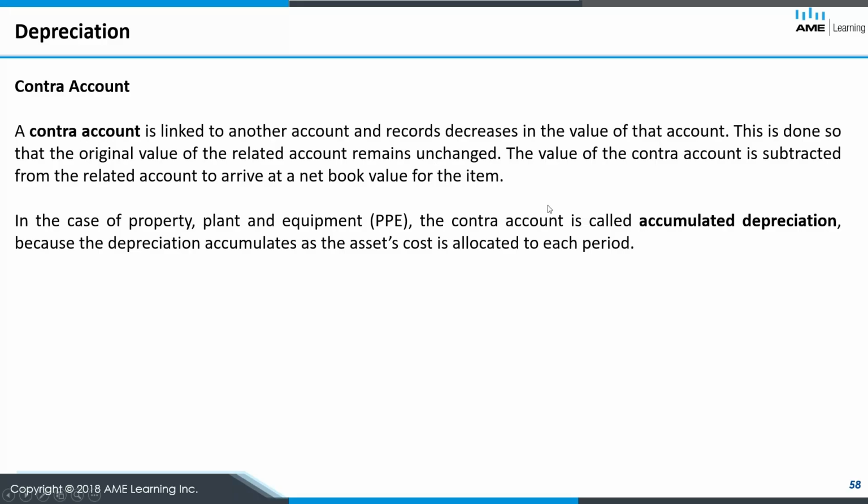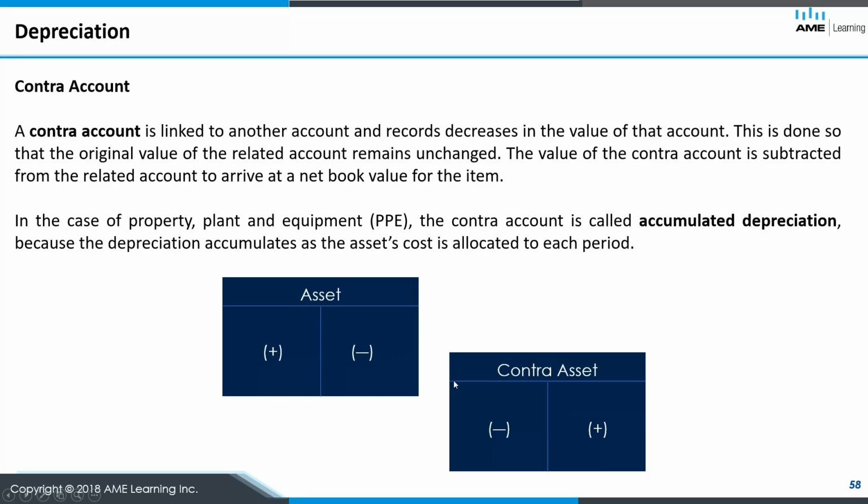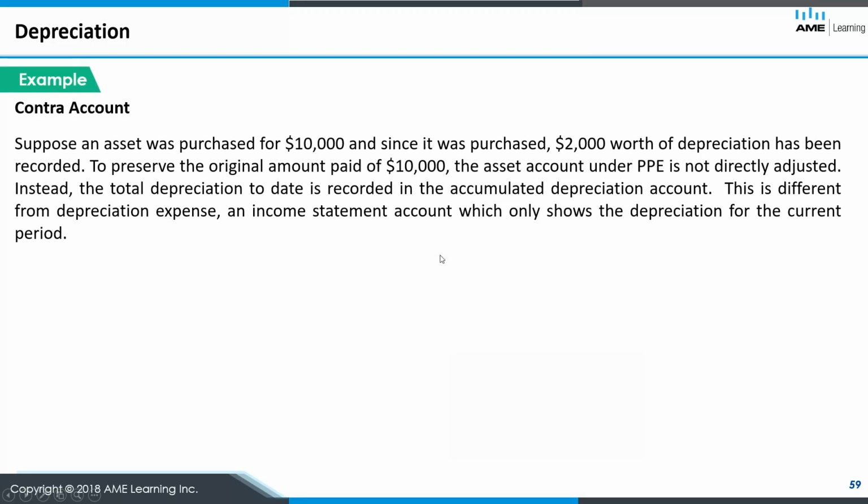So our contra account of accumulated depreciation becomes the reducing account, the contra asset, for whatever specific plant, property, equipment type of asset we're talking about.